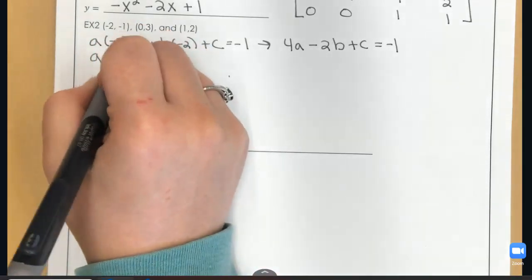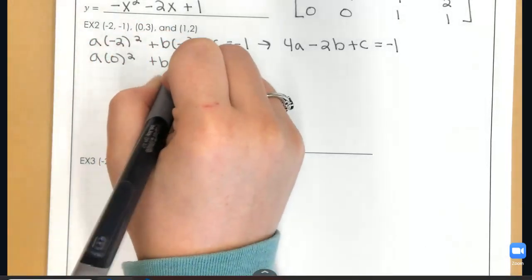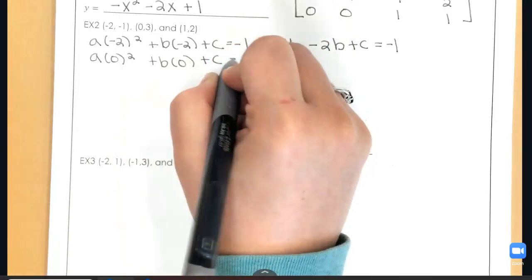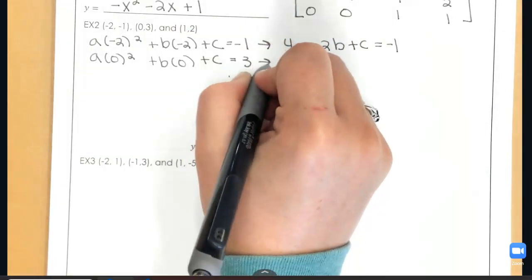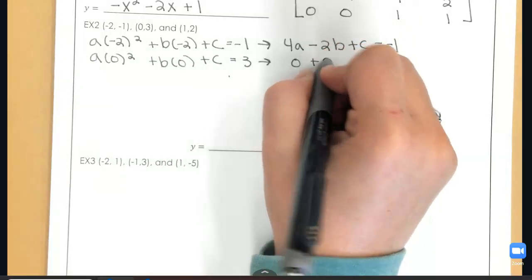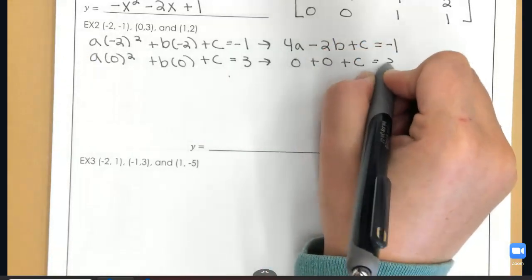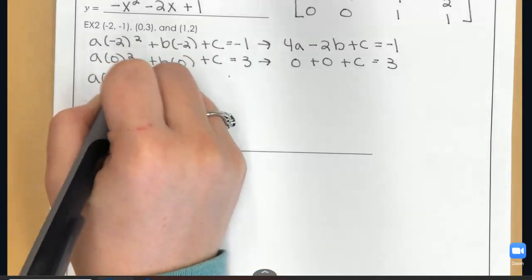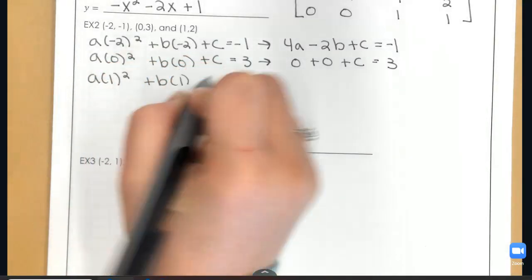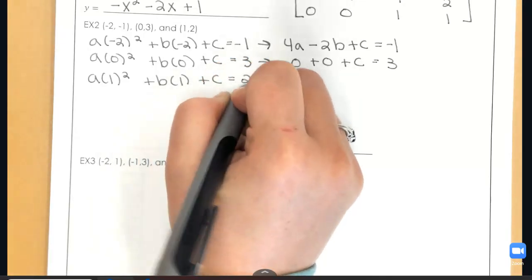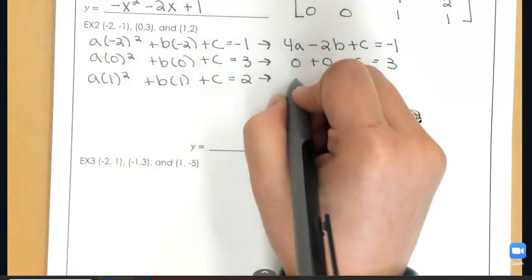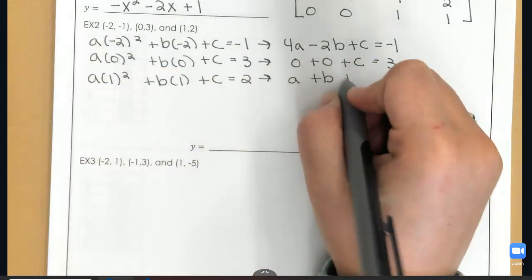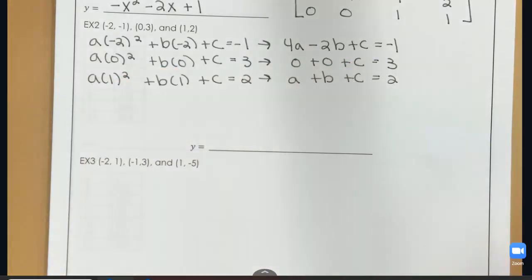So a times 0 squared plus b times 0 plus c equals 3. So that's going to give me 0 plus 0 plus c equals 3. Our last one, 1 and 2, a times 1 squared plus b times 1 plus c equals 2. So that's just going to be a plus b plus c equals 2.